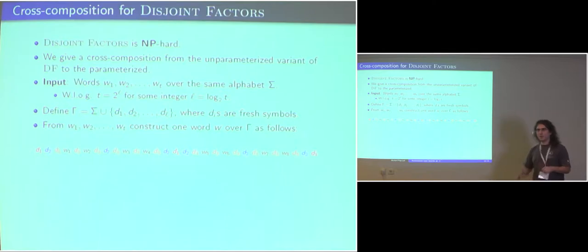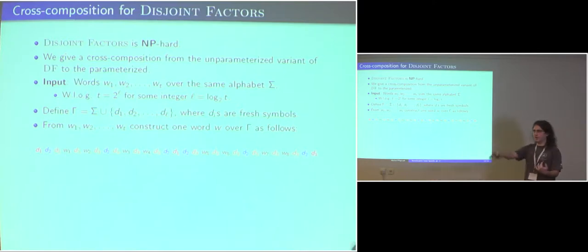So by making these choices for D1, D2, D3, you can see that D1 crosses out half of the word, D2 crosses out half of the remaining half, D3 crosses out half of the remaining half, and so on. So the factors used for D1 up to DL cross out all but one of the input words. And any of the input words can be left in this manner.